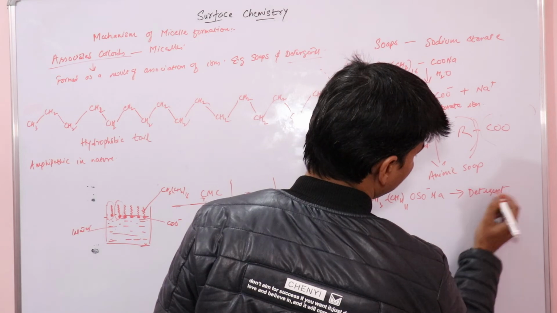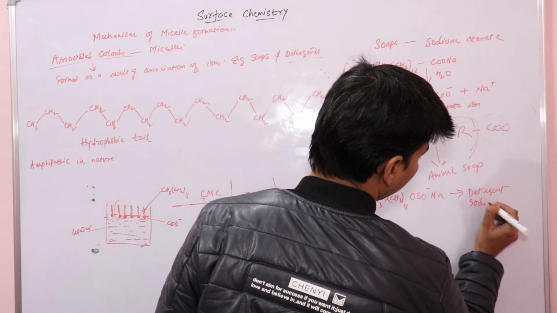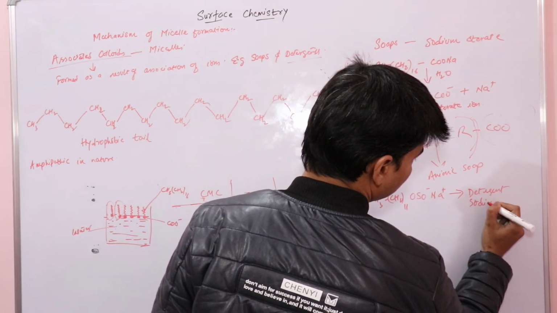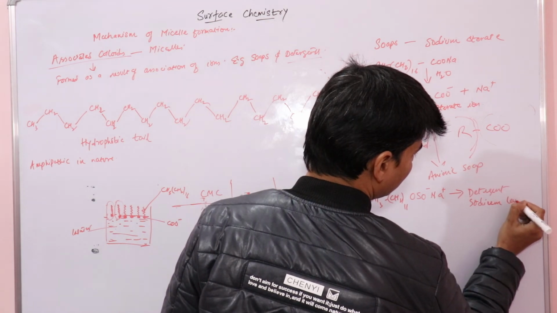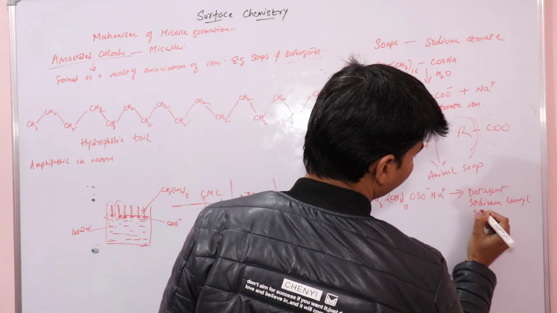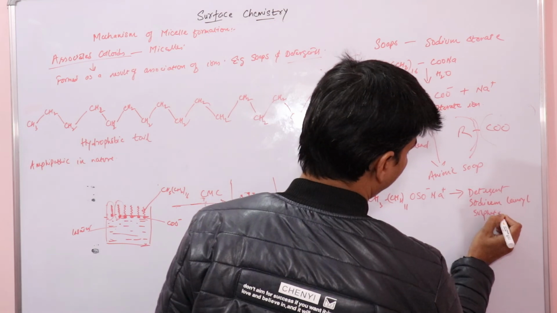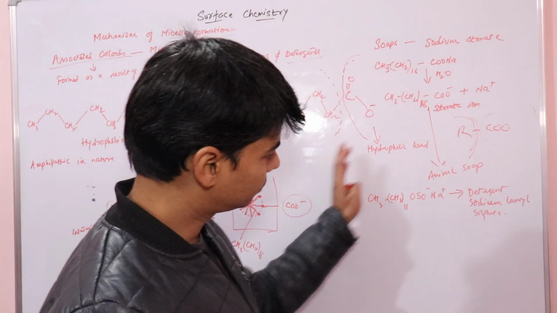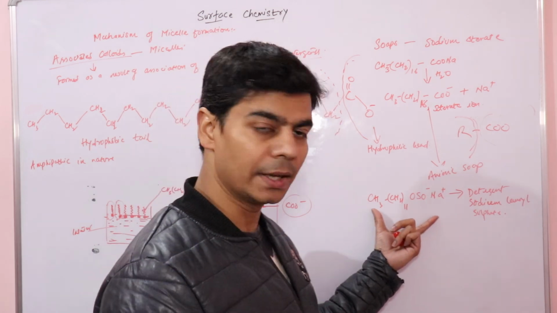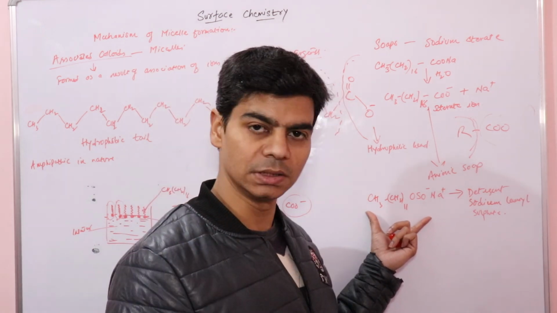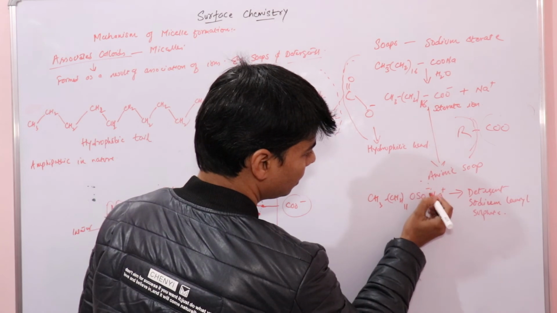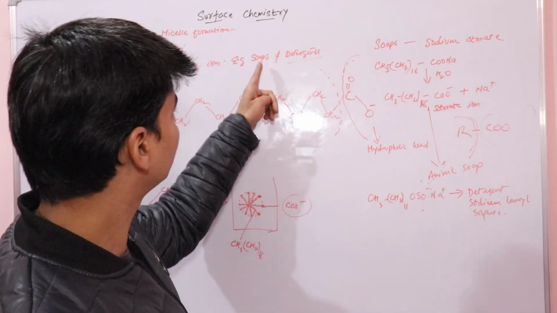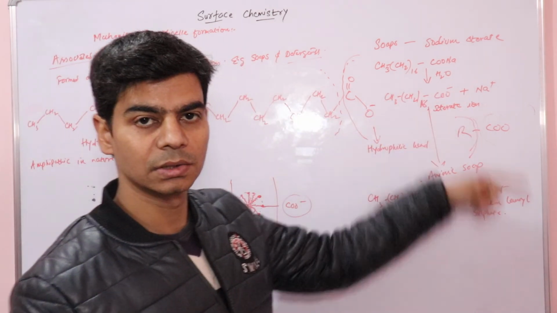This is a detergent, sodium lauryl sulfate, and sodium has a positive charge. This is an anionic detergent, and the soap is also an example of an anionic soap.